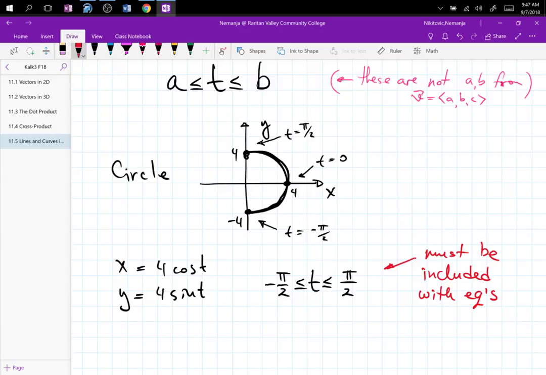You are integrating over this curve. You have to parametrize the curve, and you have to provide this. The parametrization will be used within the integral. These guys become the limits of integration. So it's not there for decoration, right? You will be using this.